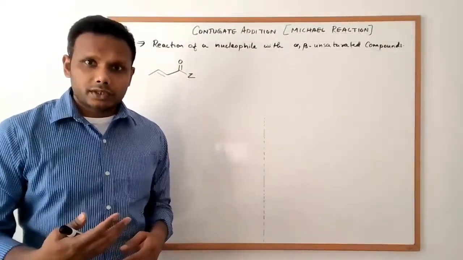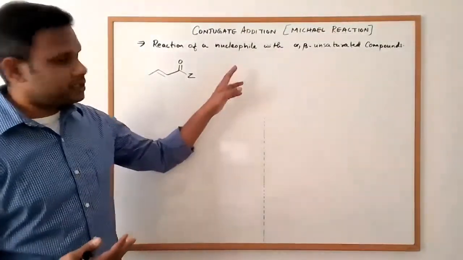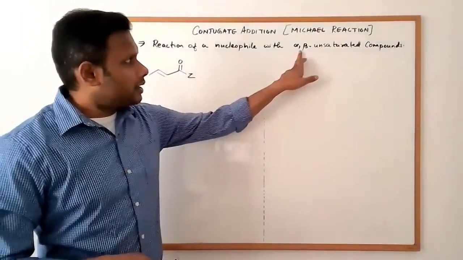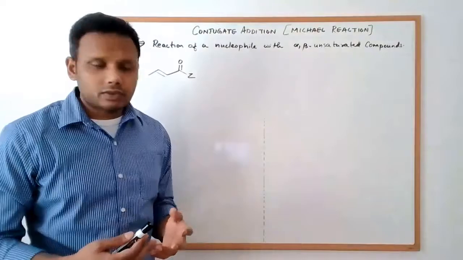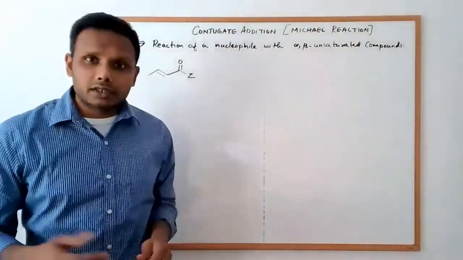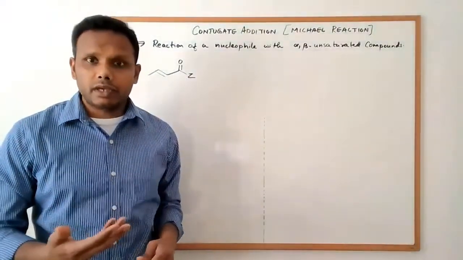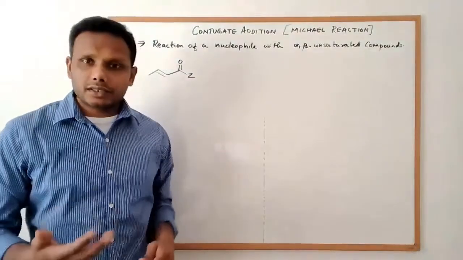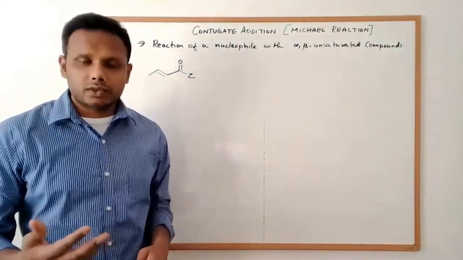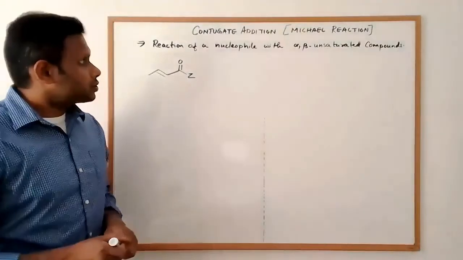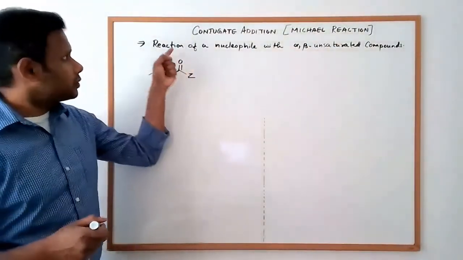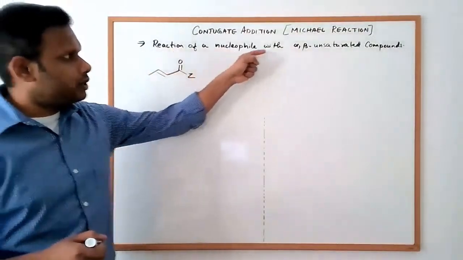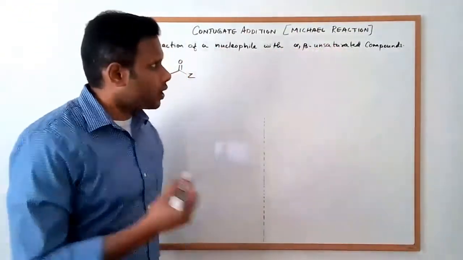Now, conjugate addition is a reaction that is very specific to a class of compounds, alpha beta unsaturated compounds. They can be alpha beta unsaturated ketones, esters, amides, anything. So essentially for our discussion here, what we're going to focus on is the reaction of a nucleophile with an alpha beta unsaturated compound.